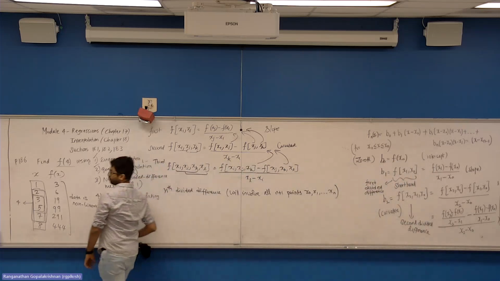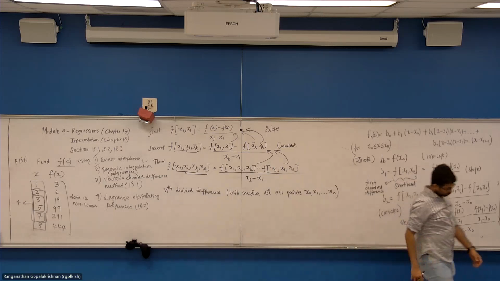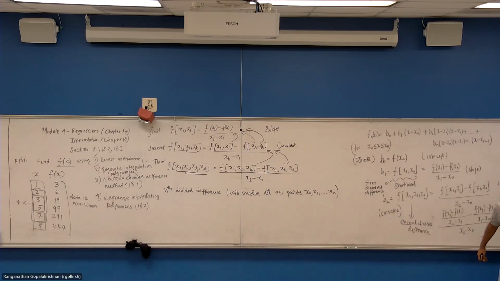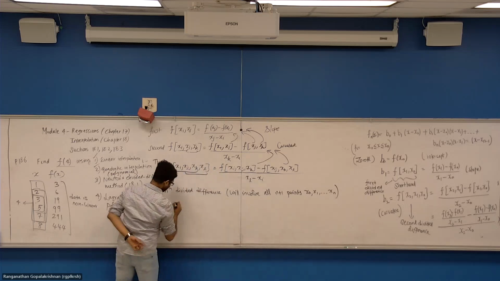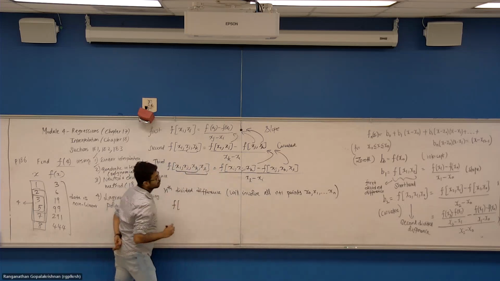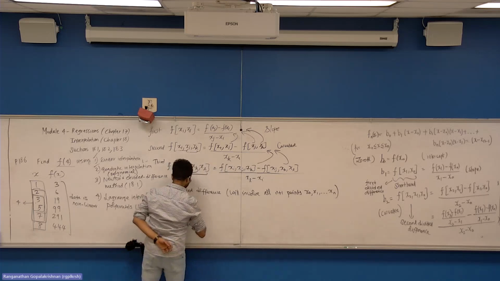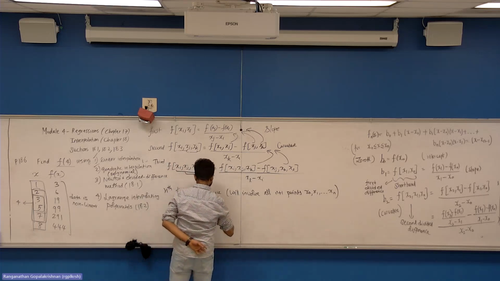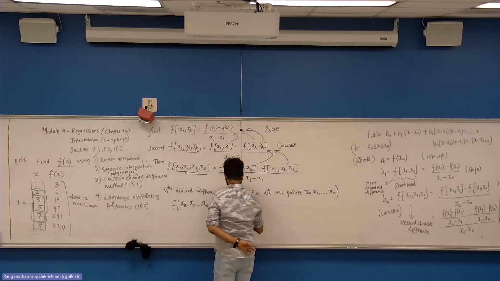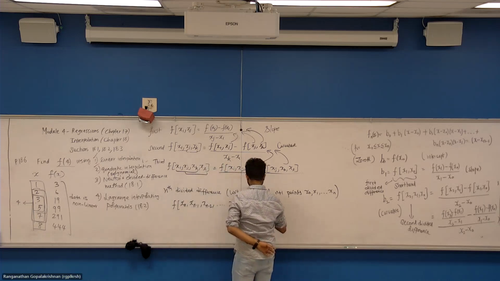So the nth divided difference, we will write it as f of xn, xn minus 1, xn minus 2, and so on, x3, x2, x1, x0.